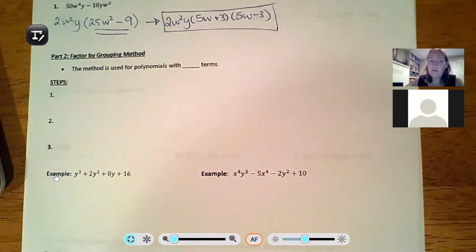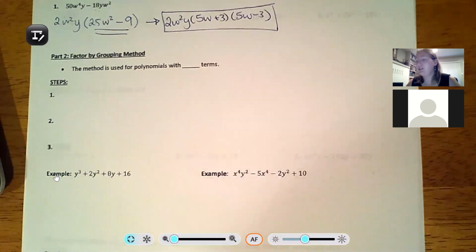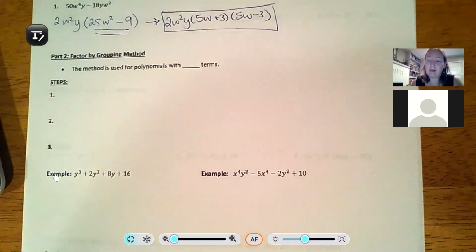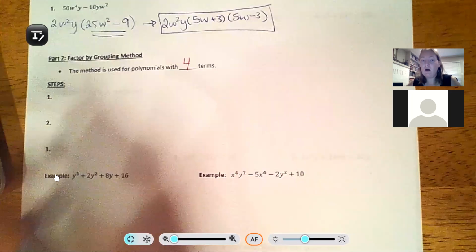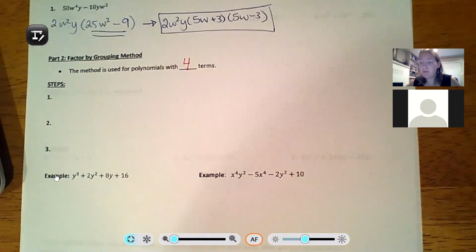Okay. So one of the methods I didn't learn until much later in my education was this method called factor by grouping. And that's used when you have 4 terms. It also can be used when you have 3 terms that get broken up into 4.